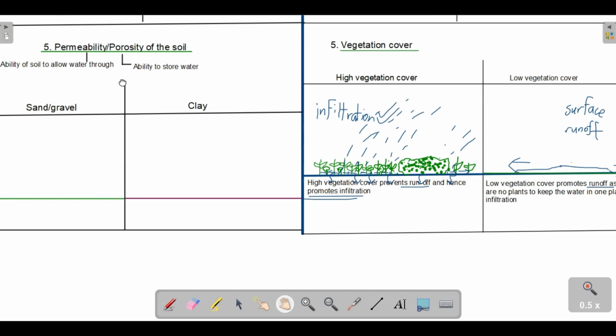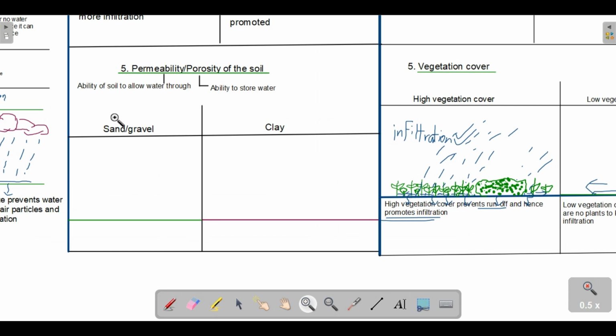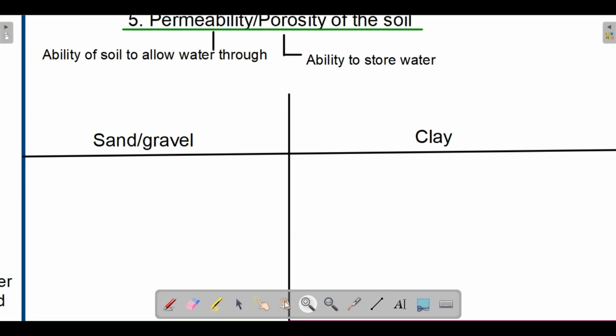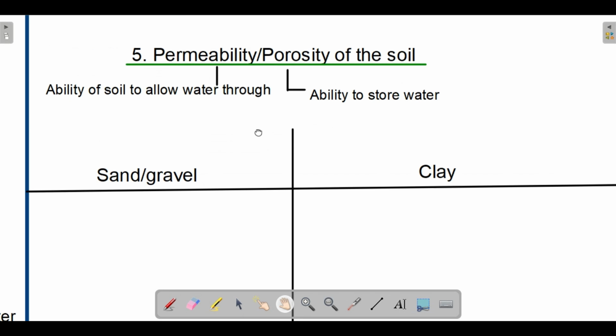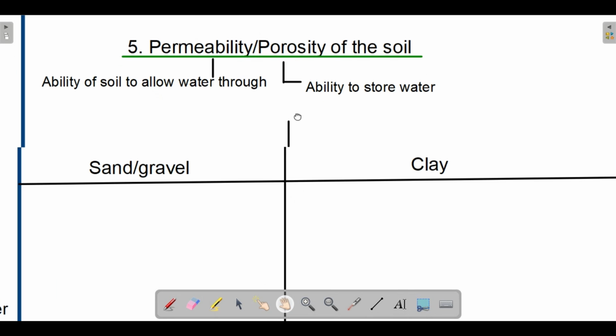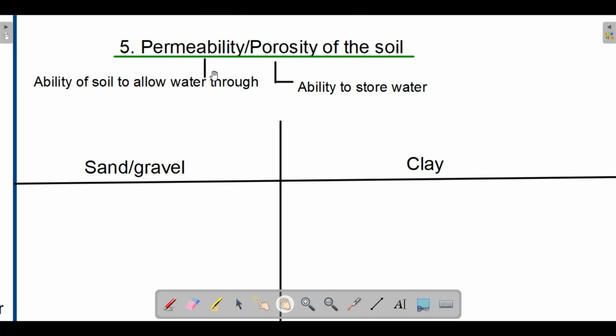And then the last factor that influences the amount of infiltration or surface runoff is permeability and porosity. You can put these in separate points, but they really go hand in hand. Permeability is the ability of soil to allow water through, and porosity is the ability of the soil to store water.